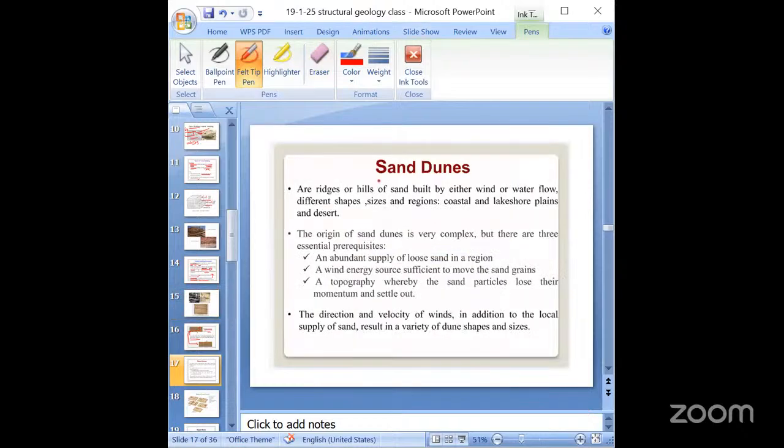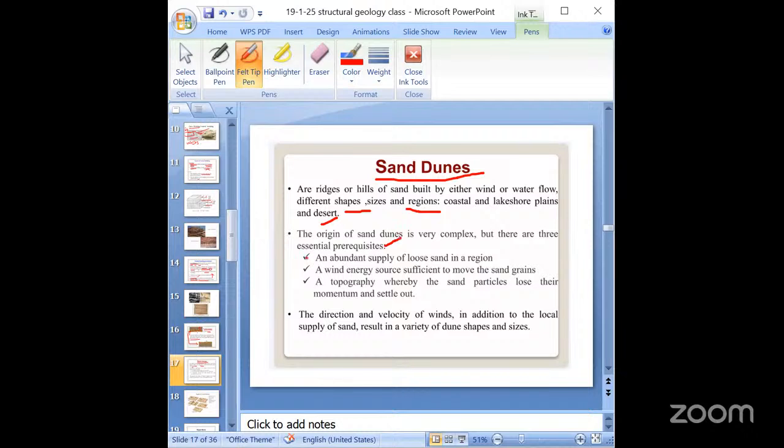And the next one is sand dunes. Sand dunes are ridges or hills of sand built by either wind or water flow, in different shapes, sizes and regions. Those regions include coastal and lakeshore plains and deserts, right? The origin of sand dunes is very complex, but there are three essential prerequisites.